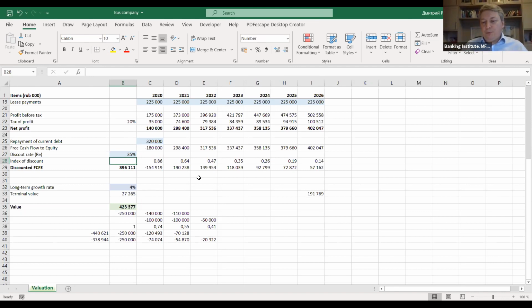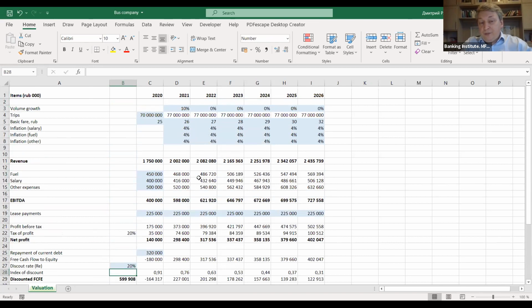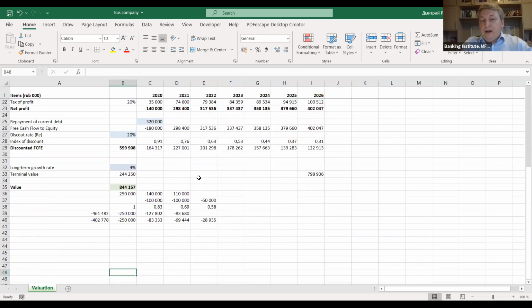For me it's a venture project, but the seller expected that I would value this company just as a normal business without all those venture-like risks. So I valued this company at a 20% discount rate, but instead of buying it for 800 million, I valued it at 500, taking into account his standpoint where the company has no value at all.